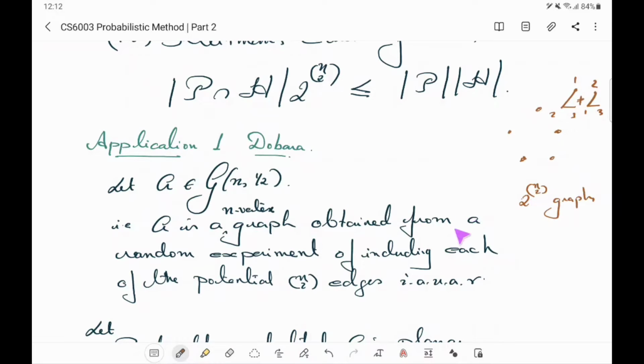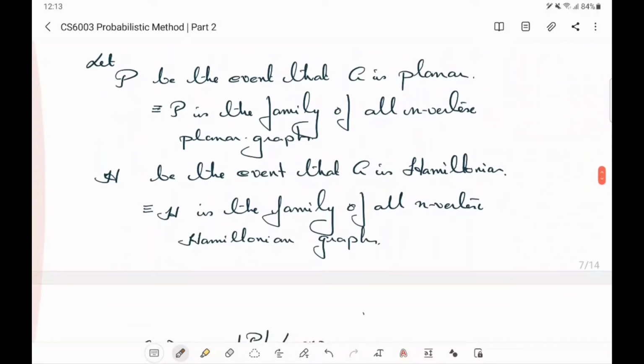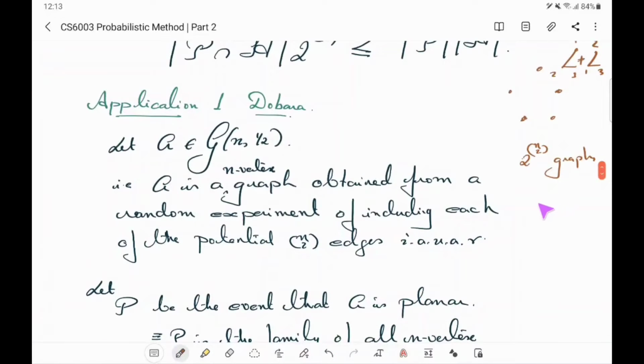Now if you take all these 2 raised to n choose 2 graphs, put them in some bucket and pick one of them uniformly at random, you get the same distribution. It's easy to calculate. You take any graph G, what is the probability that by tossing a coin at each edge, you arrive at G? Let's say G has m edges.